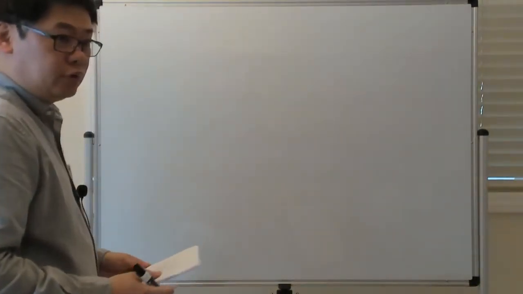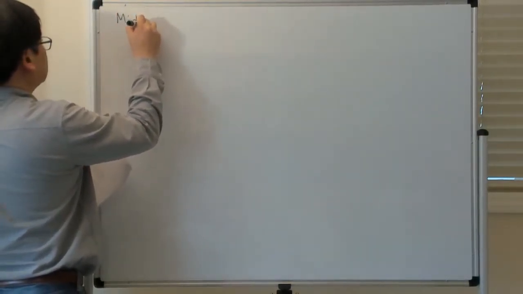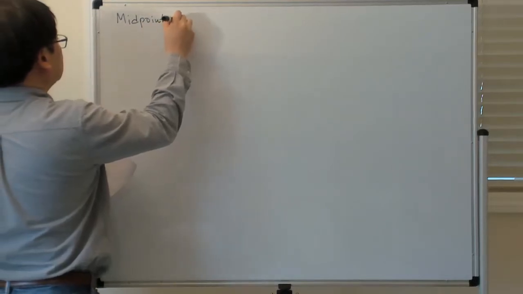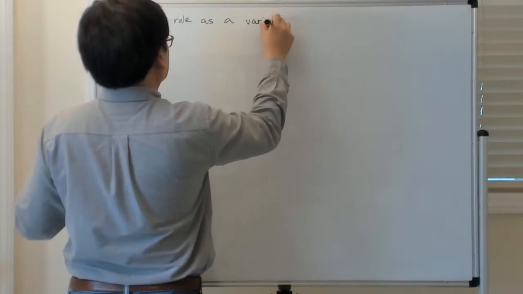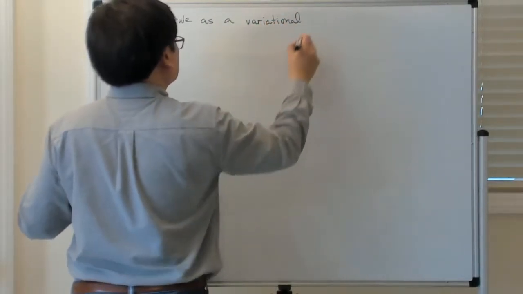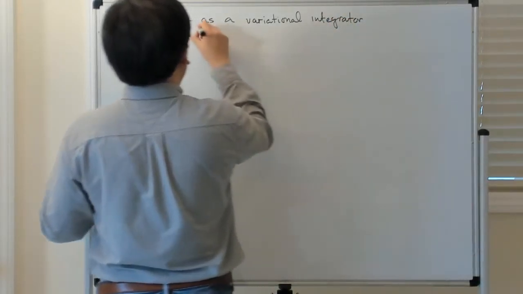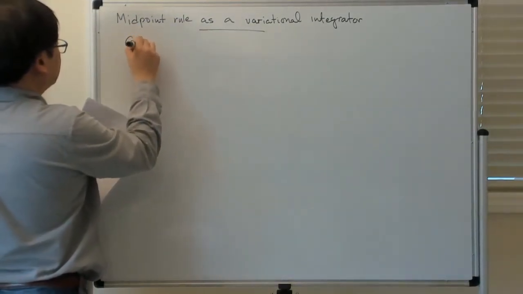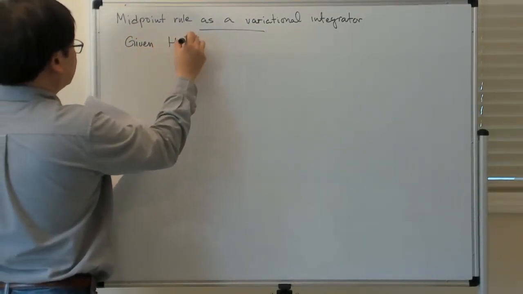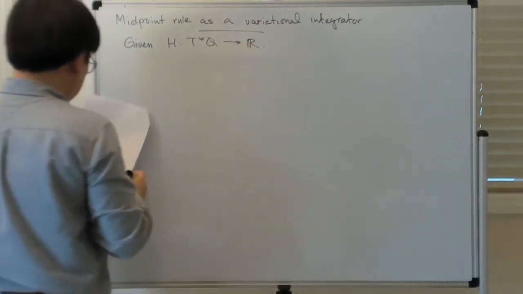All right, so now I'm going to show how you can think of the midpoint rule as a variational integrator. Okay, so you're given a Hamiltonian H, which is mapped from the cotangent bundle T*Q to the reals.